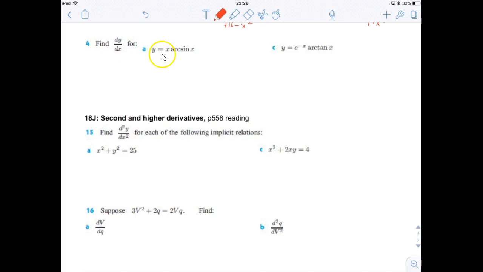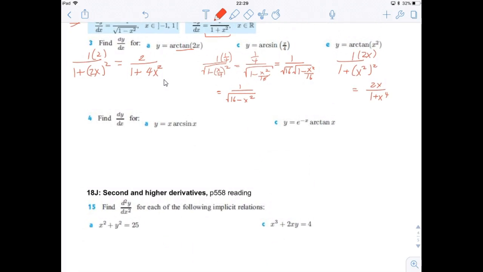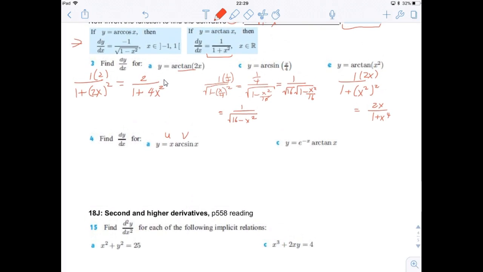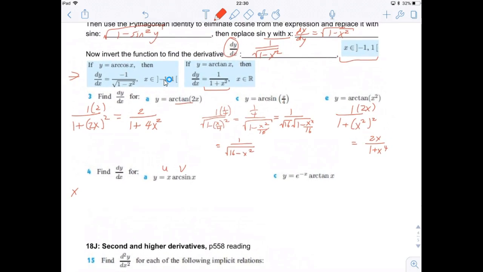Now let's find the derivative of y equals x times arc sine of x. Now remember that this is taking the derivative of a product, u and v. So first we're going to write u, which is x, and then we're going to multiply times the derivative of v, which is arc sine of x. The derivative of arc sine of x is 1 over square root of 1 minus x squared.